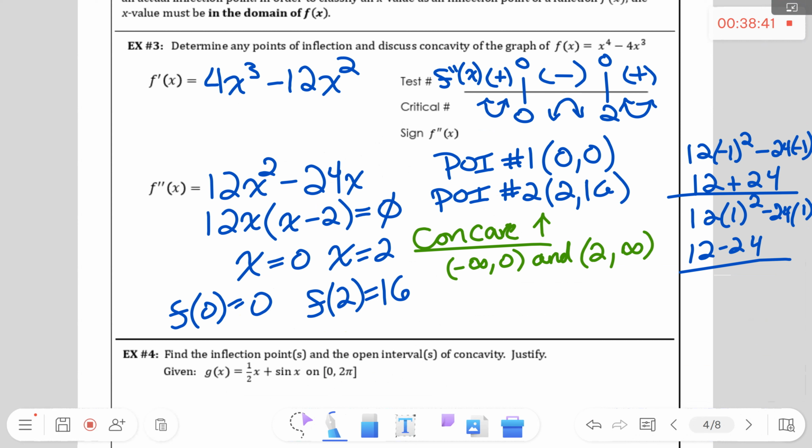Sweet. Are 0 and 2 included? Concave down would then be where? 0 to 2.